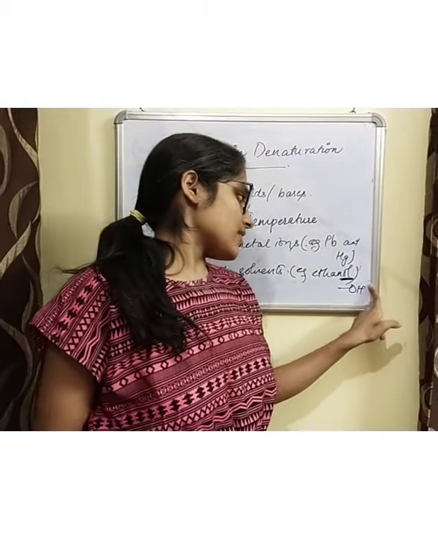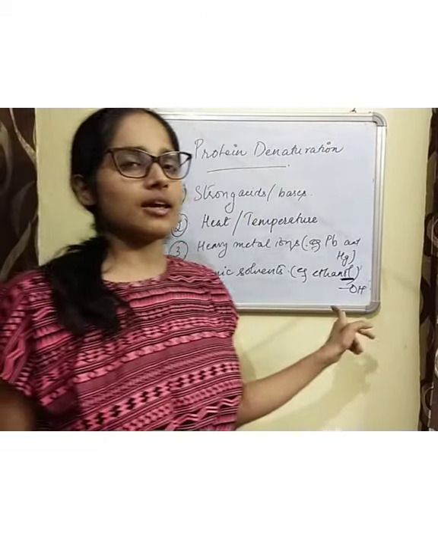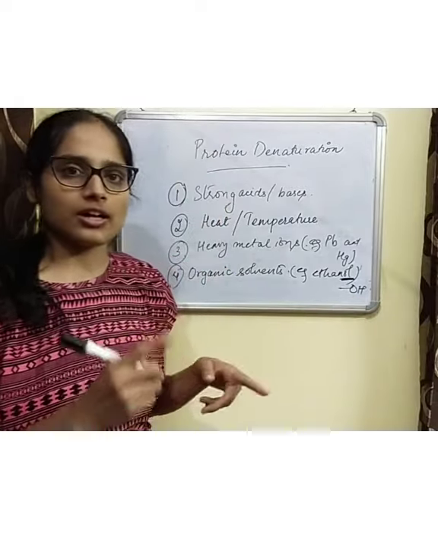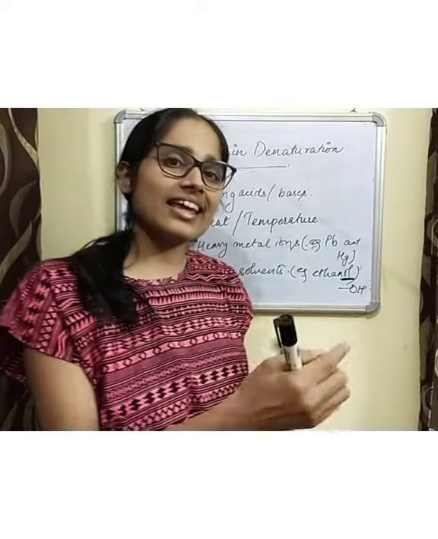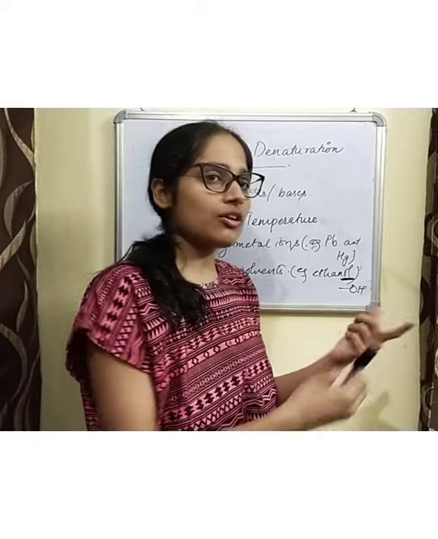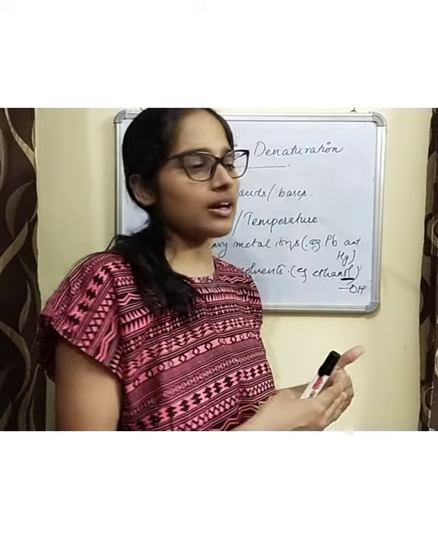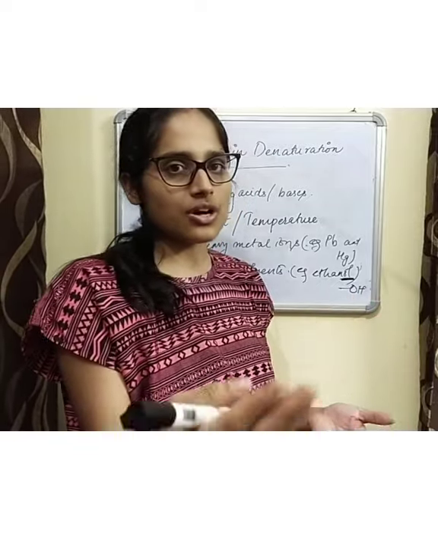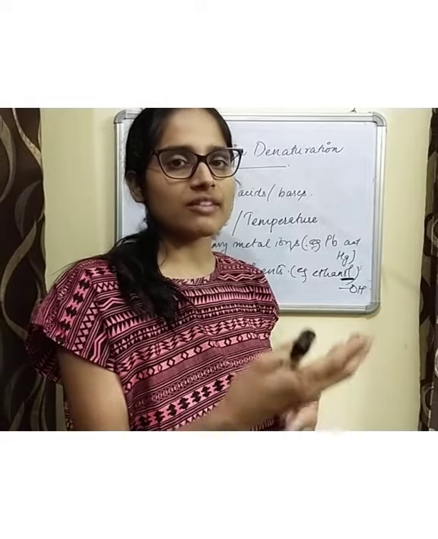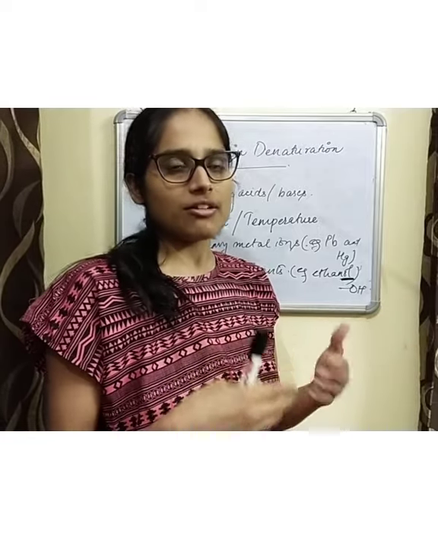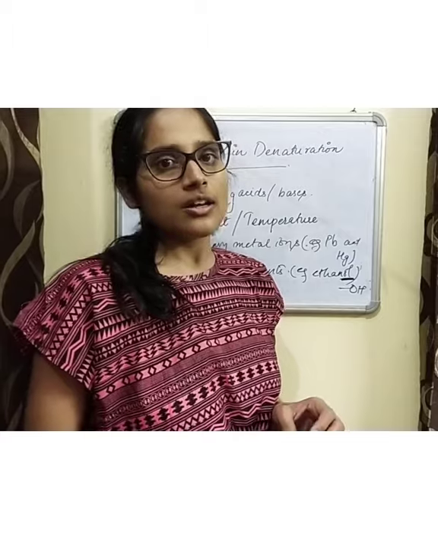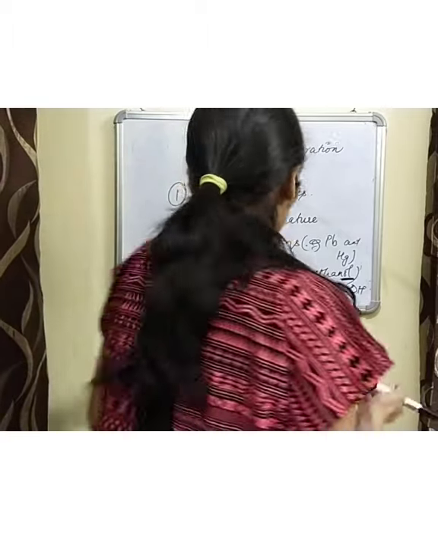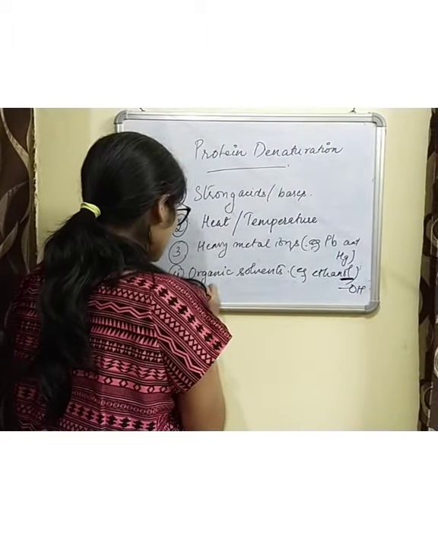This OH group again has the capability to form intermolecular hydrogen bonds, and then they interfere with the normal intramolecular hydrogen bonding which occurs between the amino acid residues, and the structure is lost.